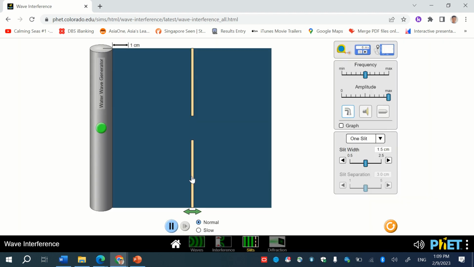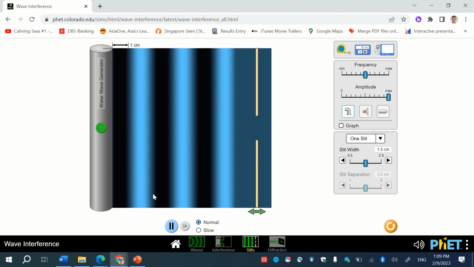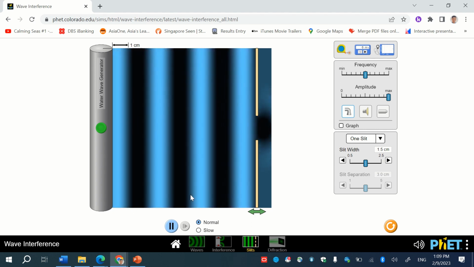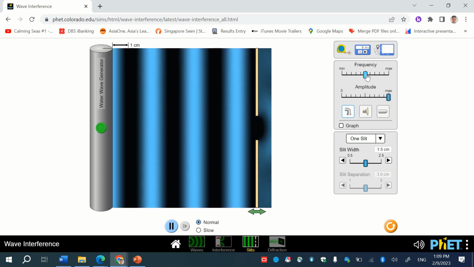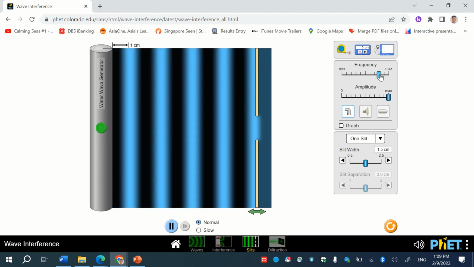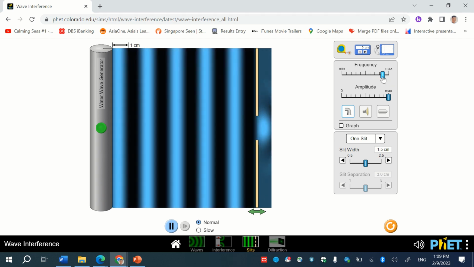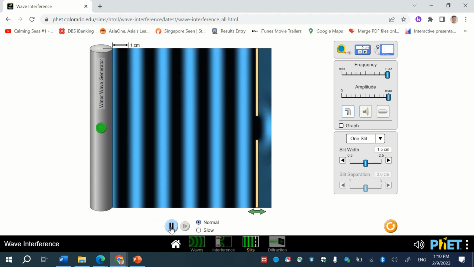Plane wave means straight wave, straight line, straight wavefront. I need a rod to vibrate. The whole rod beats on the water surface. But I can't show you side view. There's no side view to show you. This is how you create it. If I want to increase the frequency, this source has to vibrate faster. If I vibrate faster, then the lines become closer. All right, you get the idea, right?